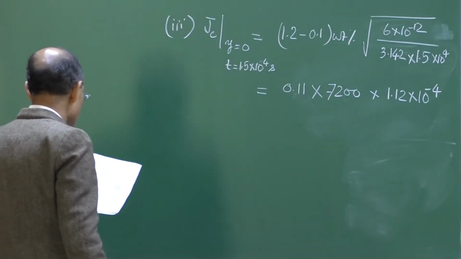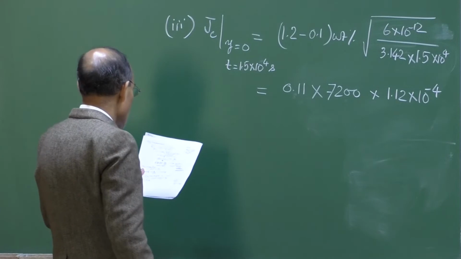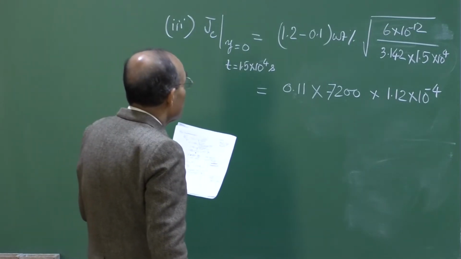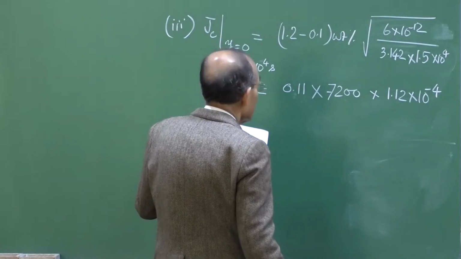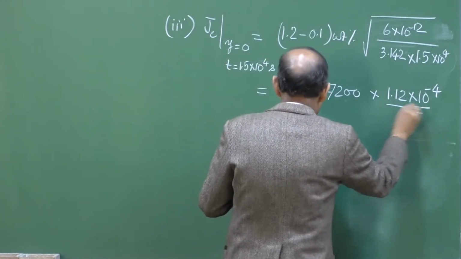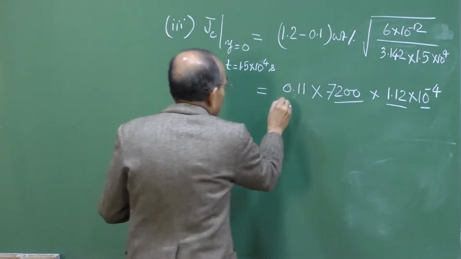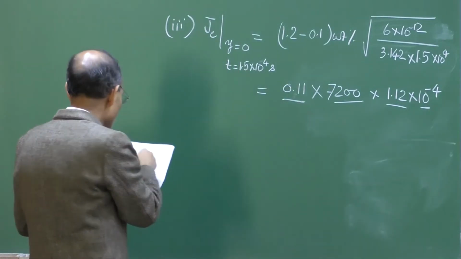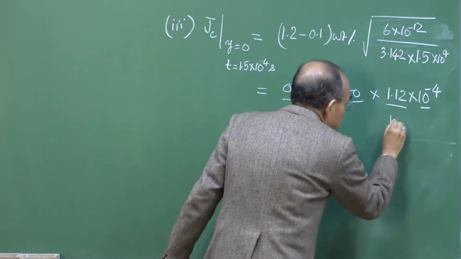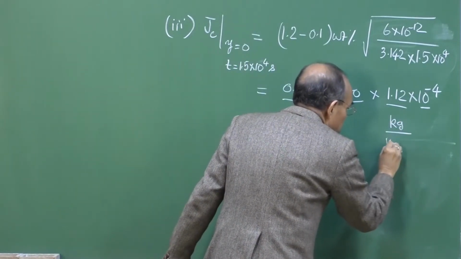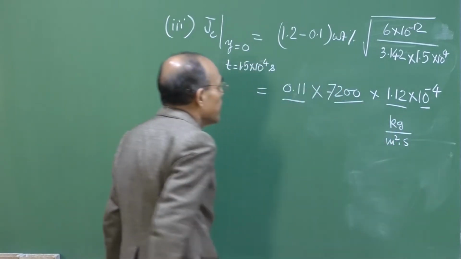And then if you calculate this, 0.11 into 1.2 and then 1.12 10 to the power minus 4, 7200 and 0.1. There are 4 terms, 1, 2, 3, 4. And this is in kg per meter square per second, that is the term.